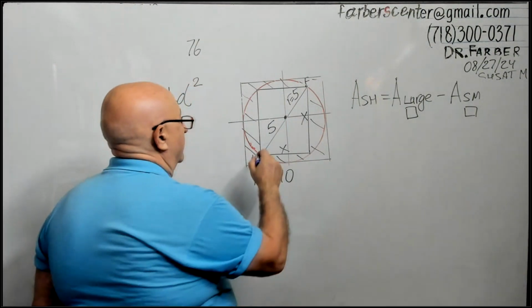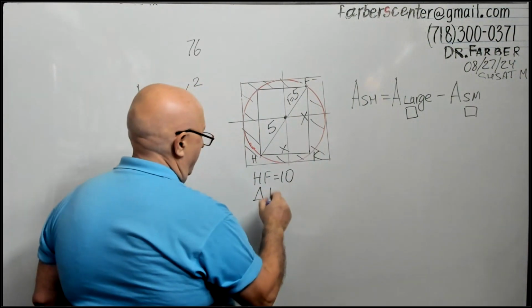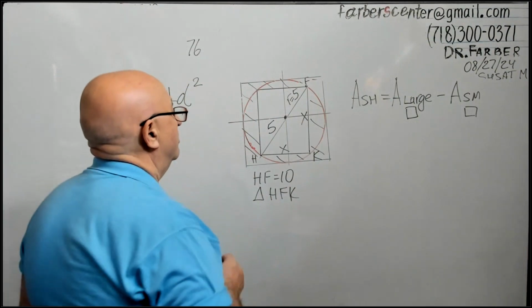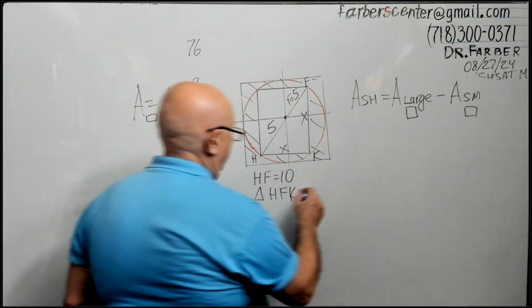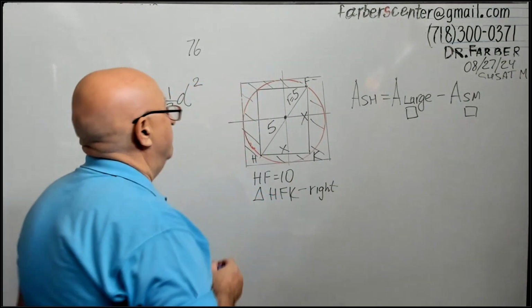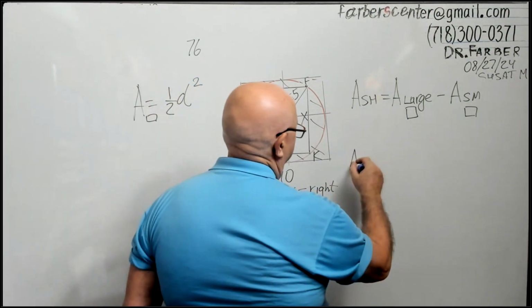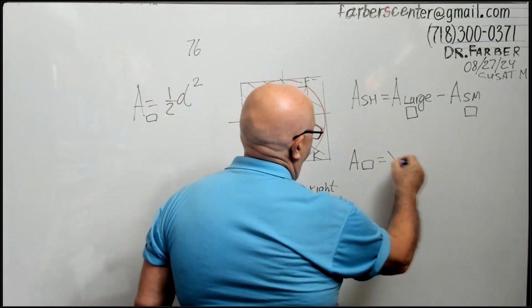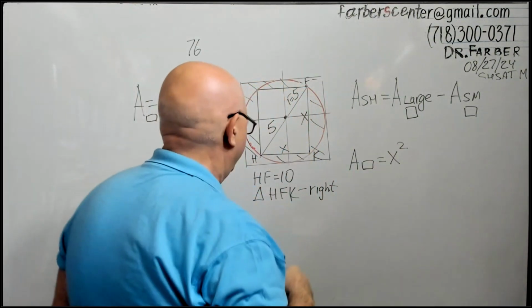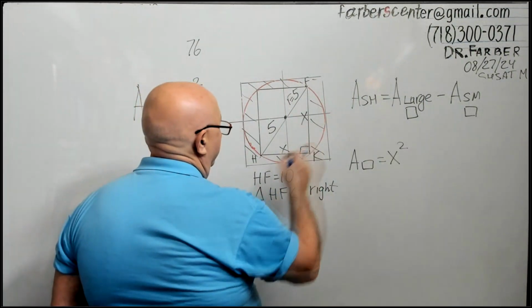And from triangle HFK, you have letter in your diagrams in your book. This is right triangle. And you can easily find the area of square equals to x to the second power. If I knew this x, I put the second power back. From this triangle, I apply Pythagorean theorem.